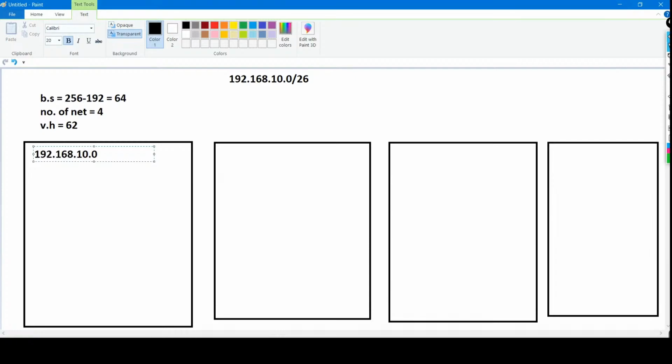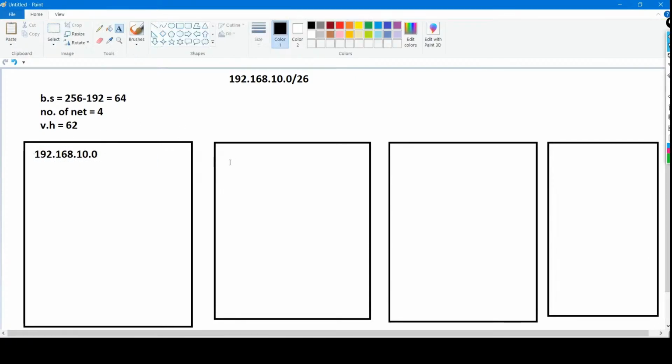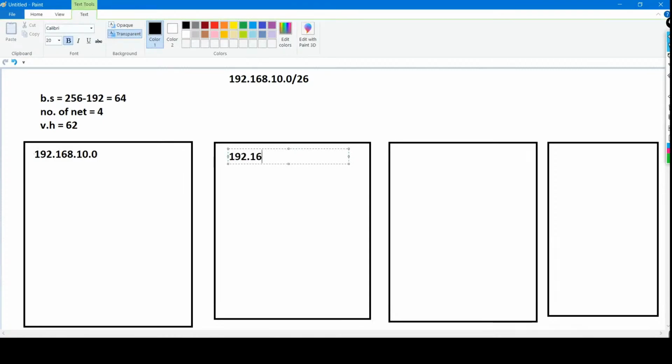The network ID of the second network will be 192.168.10.64, since the block size is 64. The network ID of the third network will be 192.168.10.128, which is 64 plus 64. And the network ID of the fourth network will be 192.168.10.192, which is 128 plus 64.